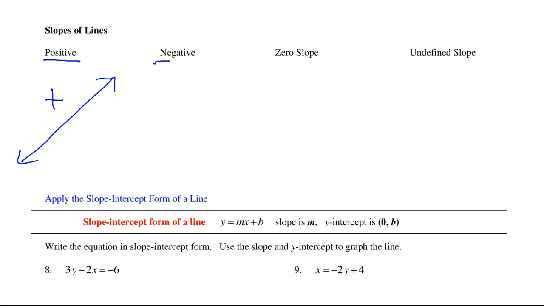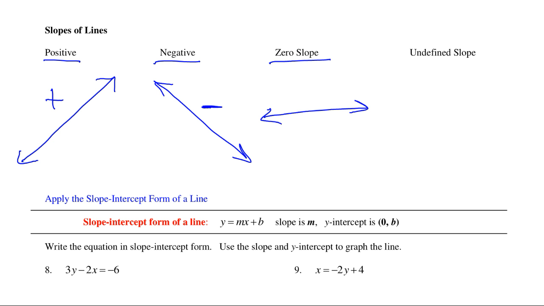Negative, if we're moving left to right and the line is going down from left to right, that's going to be a negative slope. 0 slope, we just determined, is going to be a horizontal line. There is no change in that y value. So horizontal has 0 slope.